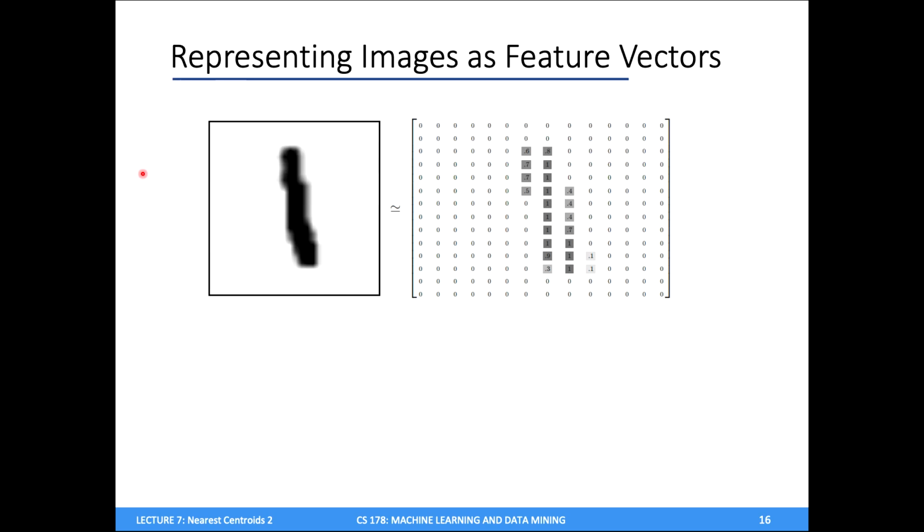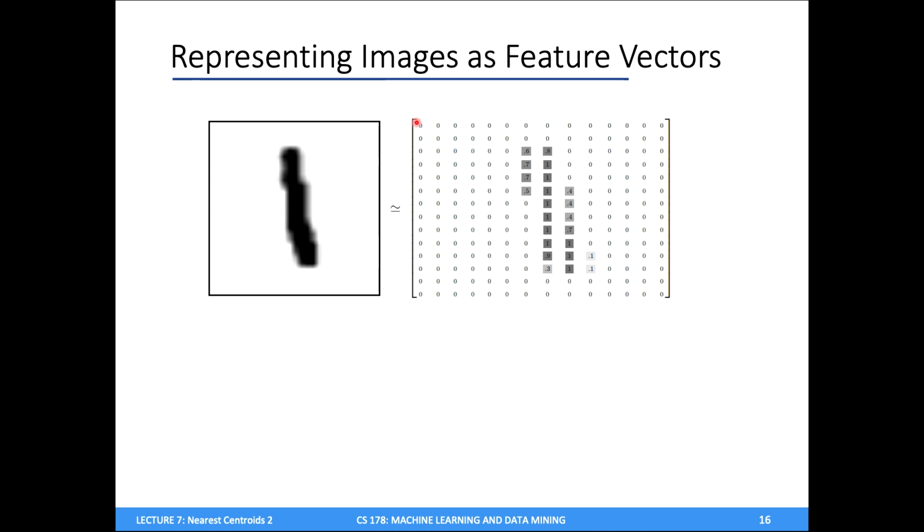Okay, so how do we actually represent an image as a feature vector? How do we feed this into a machine learning algorithm? So let's say I've got a digit over here, it's a 1, and it's a 28 by 28 image, which means that I have a total of 28 by 28 pixels. These are grayscale images, which means that each of my pixel values is some number between 0 and 1.